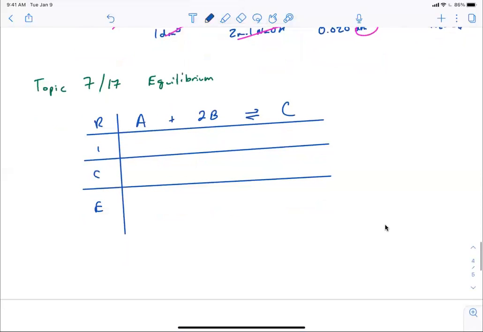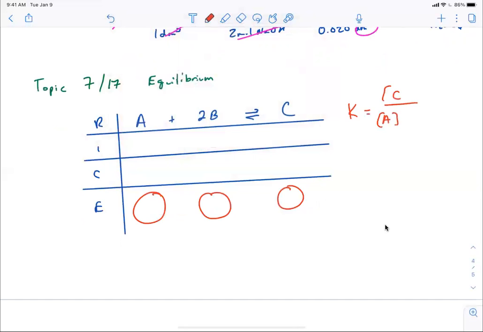For example, if you have values here, here, and here, then you're already done, because K is equal to C over A times B squared.